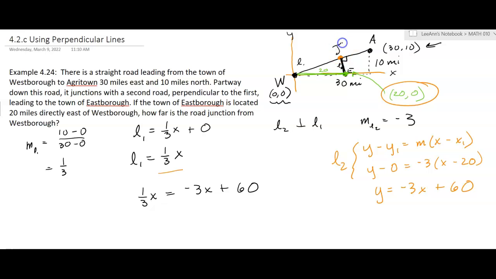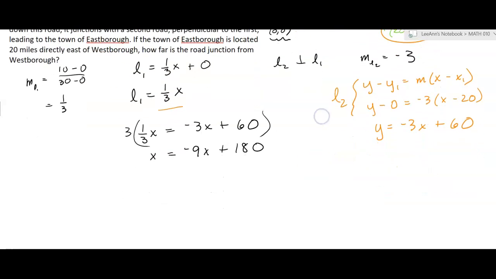So when the two lines are equal to each other, let's multiply through by 3 to get rid of the fraction, and let's add the 9x over. That's going to give me 10x equals 180. And so x equals 18.